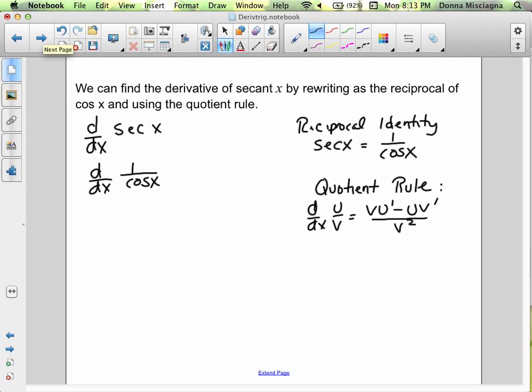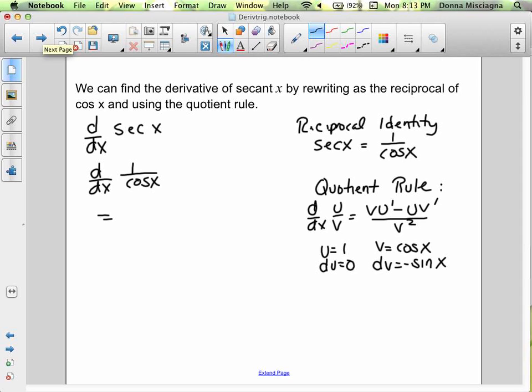In this case, the numerator is 1, the derivative of 1 is 0, the denominator is cosine x, the derivative of cosine x is negative sine x. So we take the derivative using the quotient rule.